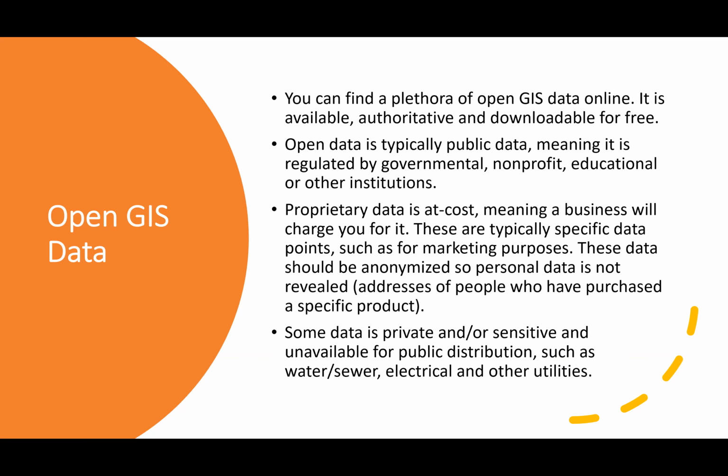Information is typically aggregated, meaning it's not available at the individual address level or household level, but rather part of a larger geographic unit, like a block or a neighborhood or a city or a zip code or something like that. Typically, you should not be able to purchase personal information like addresses of people that are consumers.